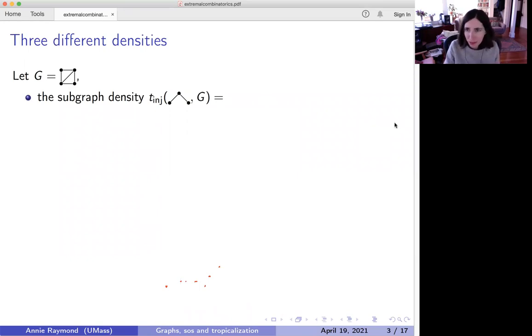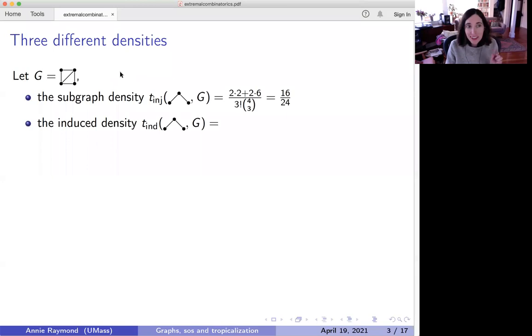But there are different types of densities. There are subgraph densities, which means that I'm looking at maps that are injective from the vertex set of my smaller graph to the vertex set of my bigger graph, and I just want to send edges to edges. Whereas when I look at induced densities, I want to make sure that non-edges go to non-edges as well.